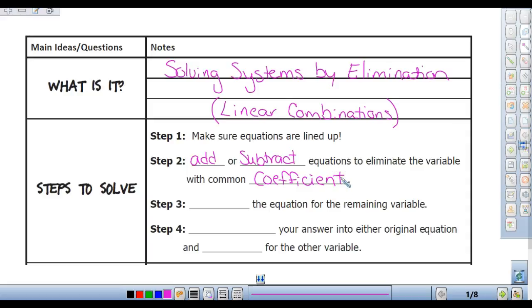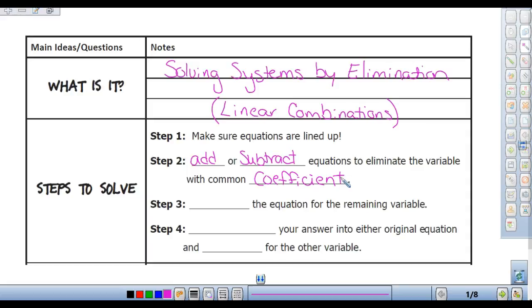What on earth is a coefficient? Who wants to take a stab at it? Come on, I know you've learned it. Kind of.